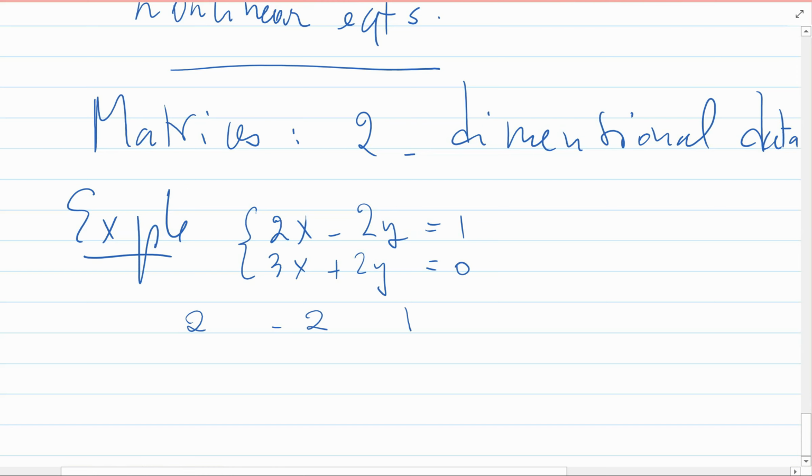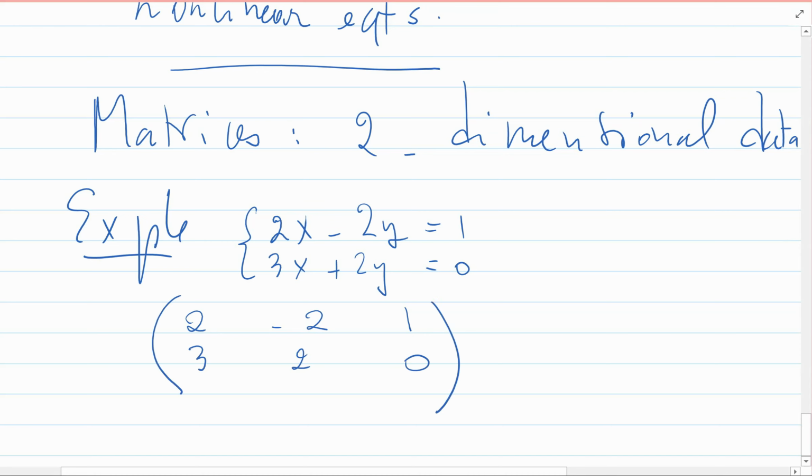The first number 2 is the coefficient in front of the first unknown in the first equation. Minus 2 is the coefficient in front of the second unknown in the first equation. And 1 is the non-homogeneous term. What about the second equation? 3, 2, and 0.